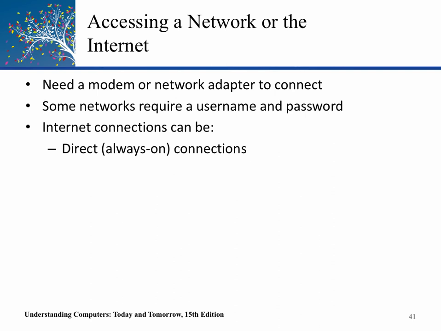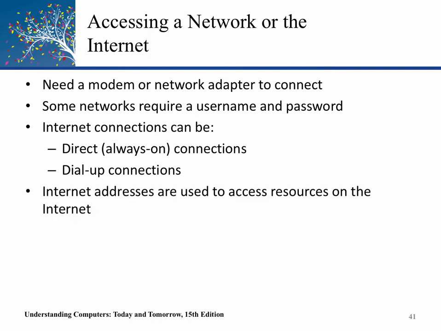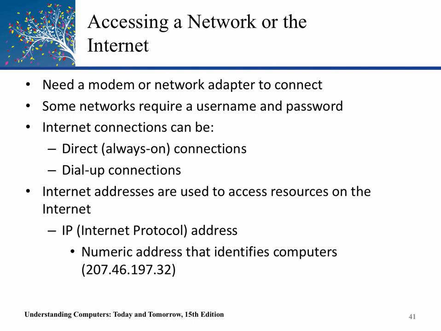The computers on campus typically will have a direct connection. Dial-up connections we typically don't use anymore. That used to be where you would use your phone line to connect. Internet addresses are used to access resources on the internet. You use Internet Protocol, or IP addresses. It's a numeric address that identifies computers.